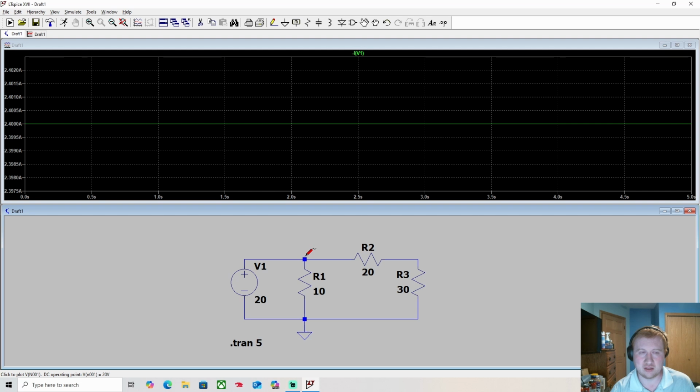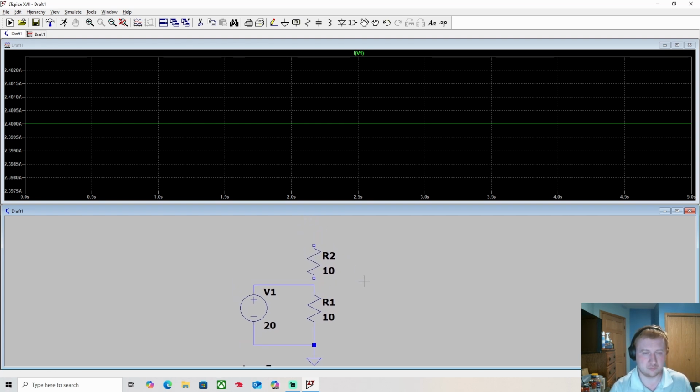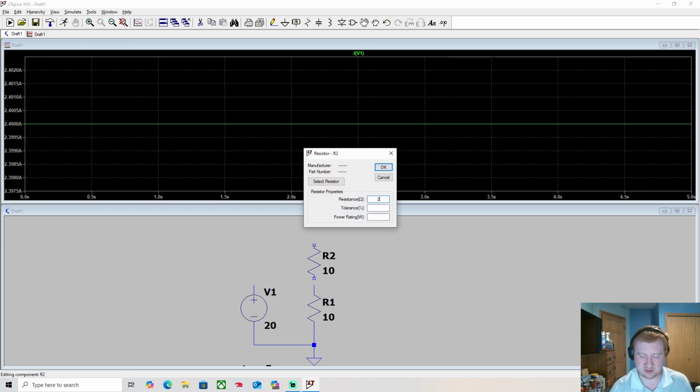And it just seems to make a lot more sense, because let's say I were to make a voltage divider, for example. So let's just delete some stuff here. Let's make this 20.